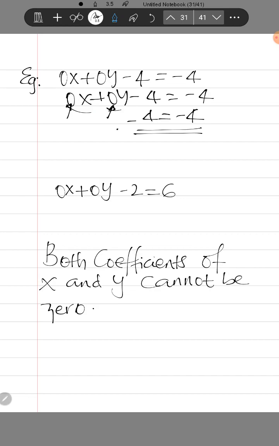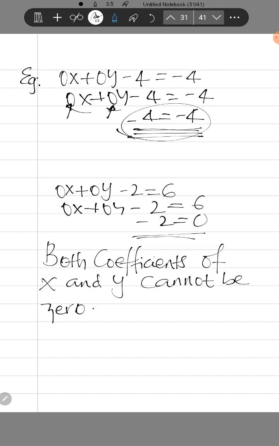We just have a statement that is true, but it's not an equation. The same thing here: 0x plus 0y minus 2 is equal to 6, minus 2 is equal to 6. This one is a false conclusion. The upper one is a true conclusion. However, for a linear equation of two variables, at least one of the coefficients should be different from 0. If both coefficients of x and y are 0, it doesn't work like that.